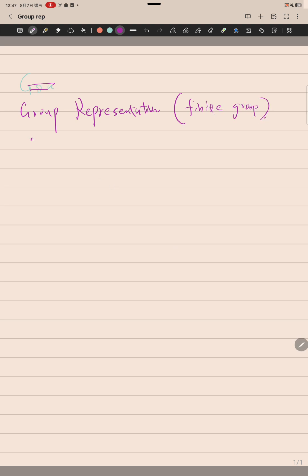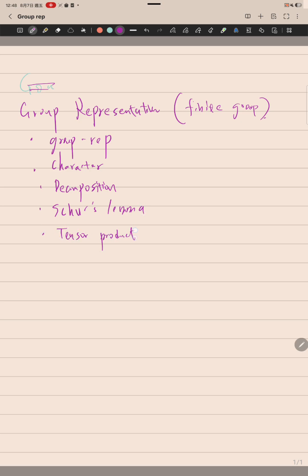So we will study group representations and the characters, and also the decomposition and Schur's lemma and the tensor products. And the most important words that you should learn in this module is irreducible representation.